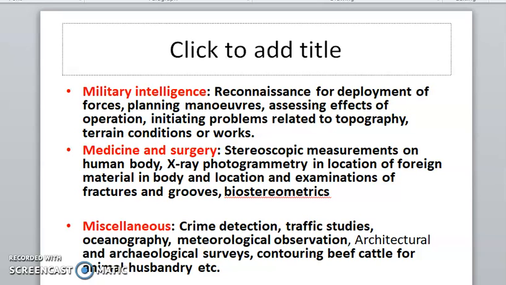Miscellaneous: crime detection, traffic study, oceanography, meteorological observation, architectural and archaeological survey, counting beef cattle for animal husbandry, etc.